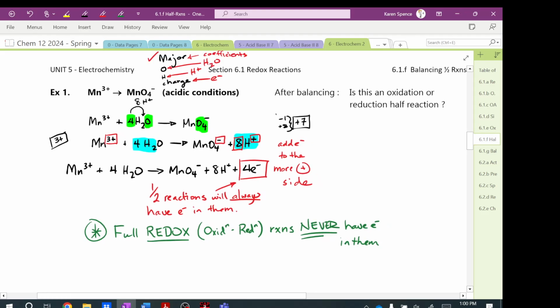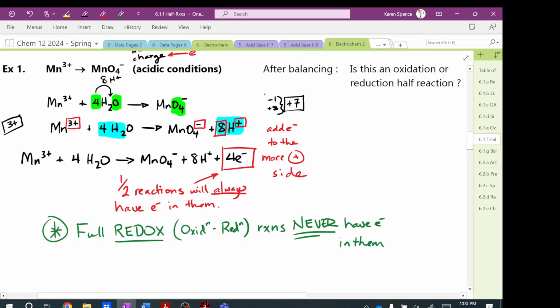Now, after we've balanced this, is this an oxidation or reduction half reaction?